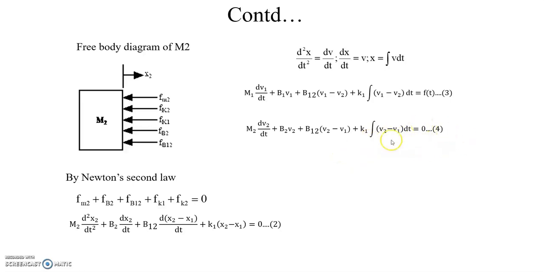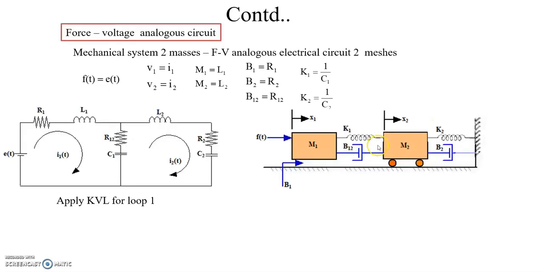We name this equation number 4. Next, for force-voltage analogous circuits, the system has two masses, hence two forces, so the force-voltage analogous electrical circuit has two meshes.